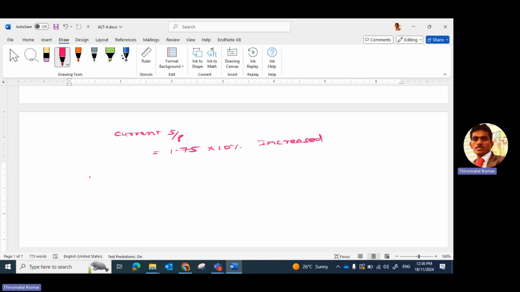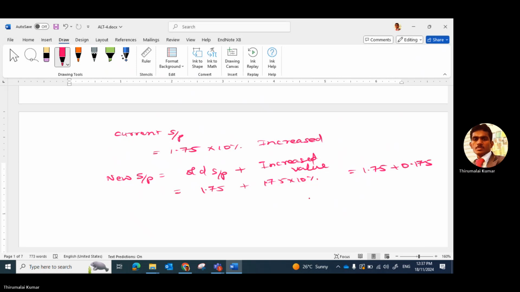The new selling price is equal to the old selling price plus the increased value, so 1.75 plus 0.175.